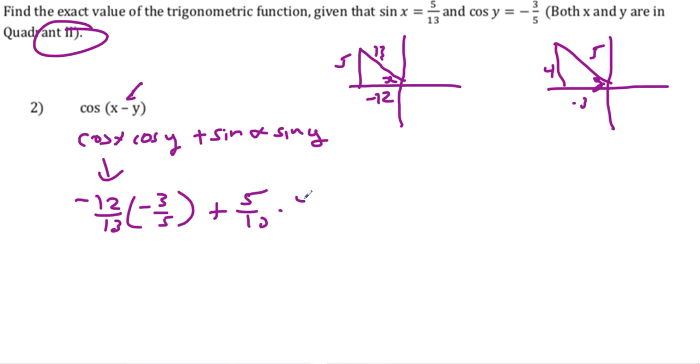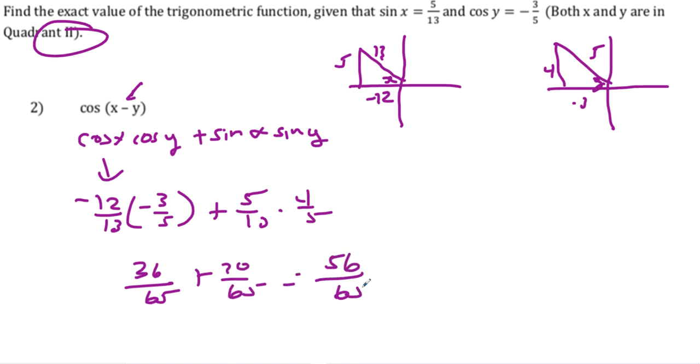Again, I'm not going to simplify. I'm going to multiply straight across, and that gives me positive 36 over 65, plus 20 over 65, which is equal to 56 over 65. So you want to practice these absolutely.